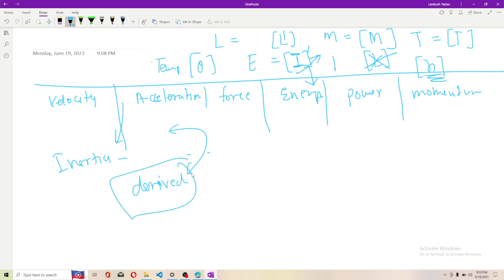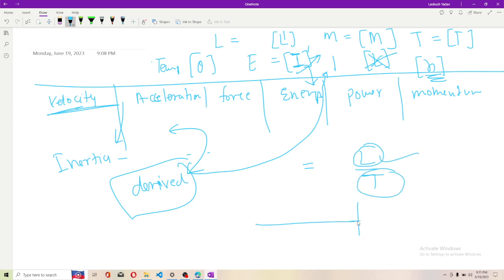There are seven fundamental quantities, and these are the derived quantities. Derived quantities are those quantities which have been derived from the fundamental quantities. If I talk about velocity, velocity is equal to length upon time. So velocity is derived from length and time in a given interval. The distance traveled, anything that is related to velocity, is also a derived quantity.